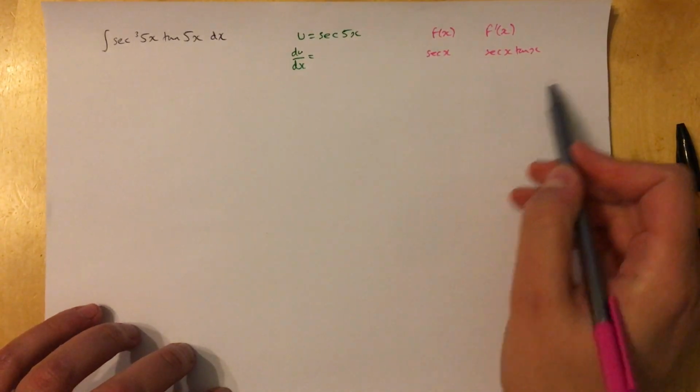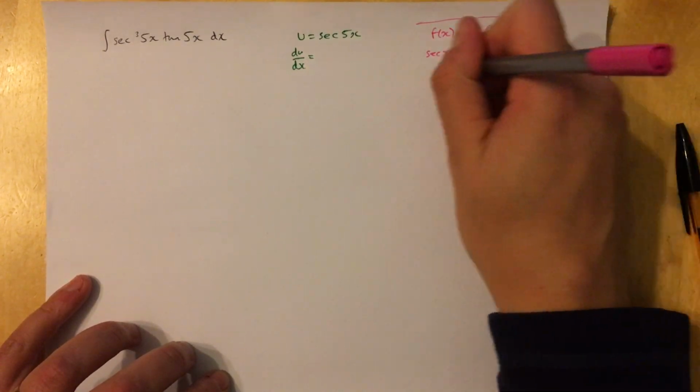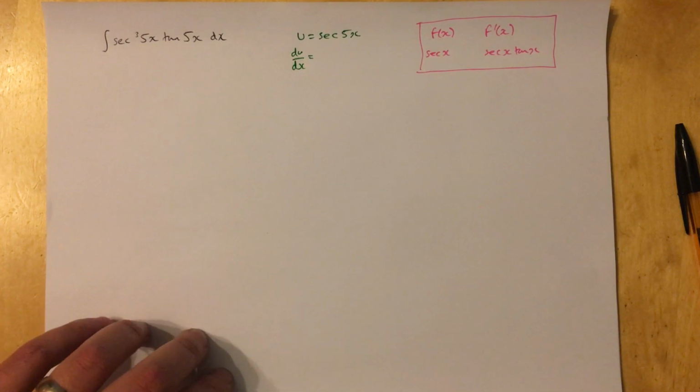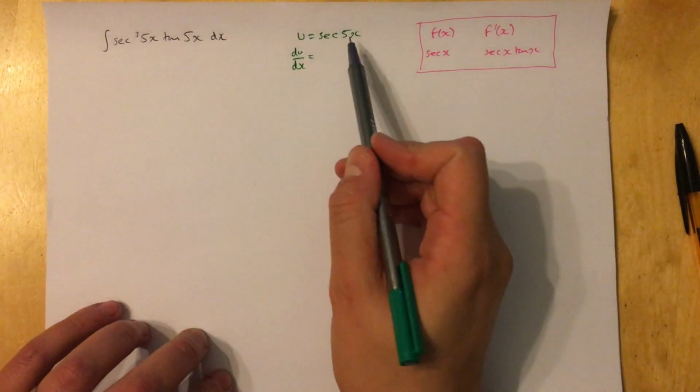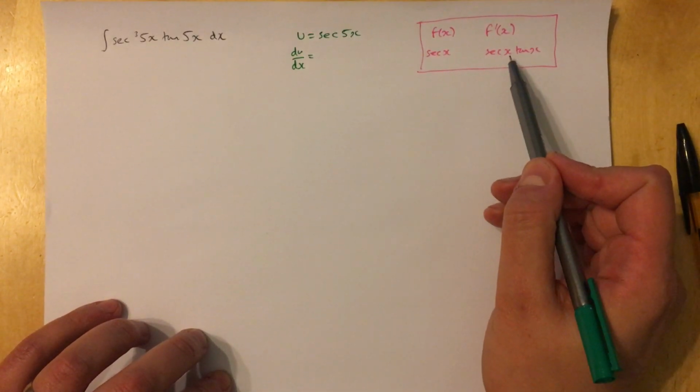So this has just come from the formula booklet, so don't worry if you're panicking about the derivative of sec x. You are given it in your formula booklet, so in the exam you would have that result available to you.